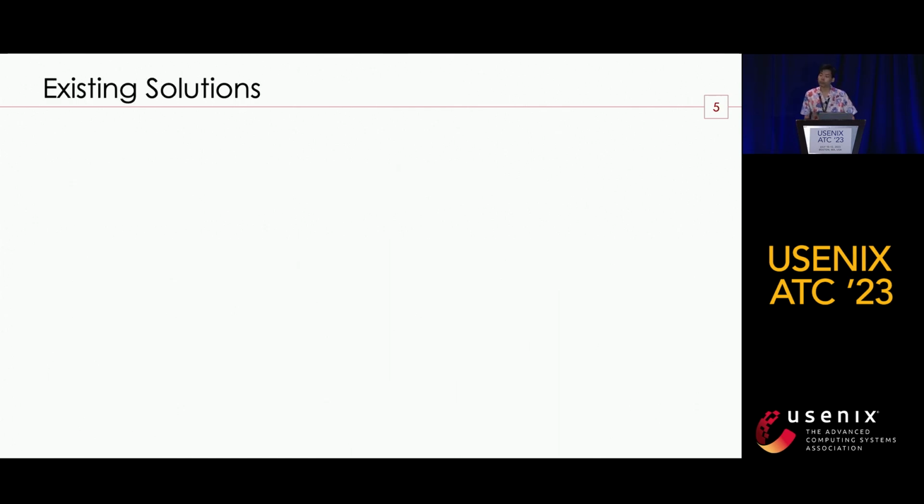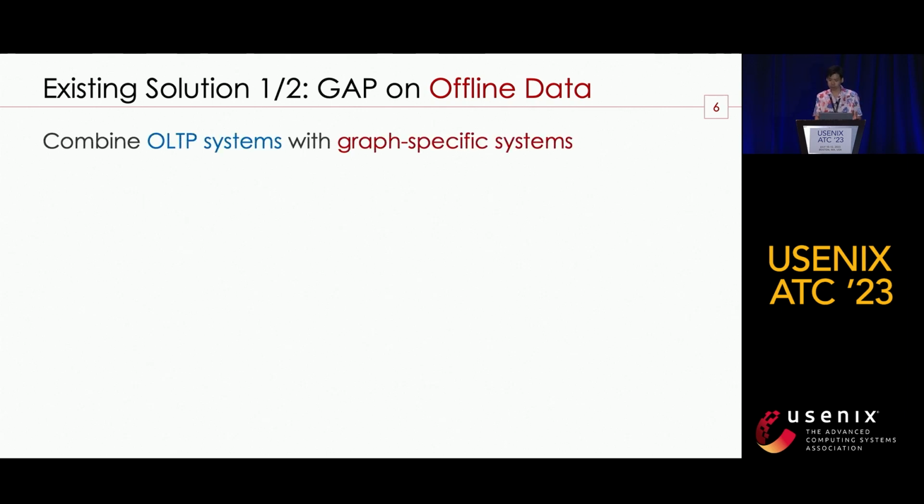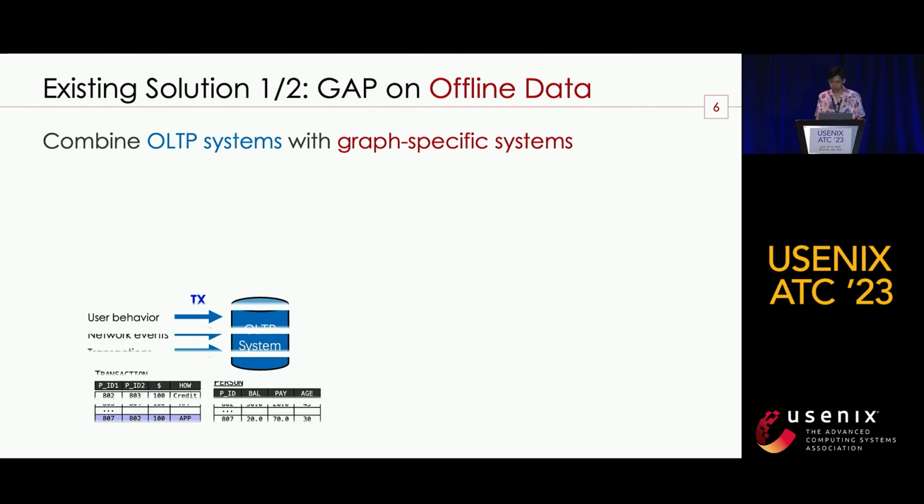Now we introduce two existing solutions for dynamic graph analytical processing on relational data sets. The first solution is to process the data offline. This approach requires combining OLTP systems with graph-specific systems.